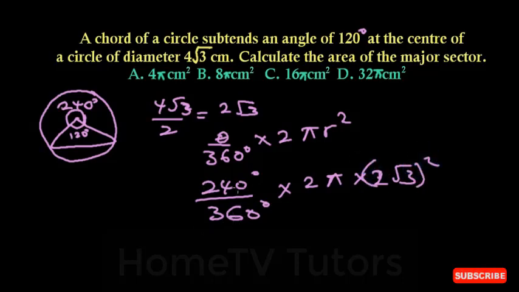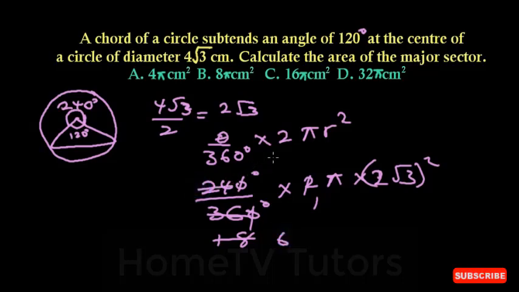So 240 divided by 360: 2 in 24 is 12, 2 in 36 gives us 18, 3 in 12 gives us 4, 3 in 18 gives us 6.